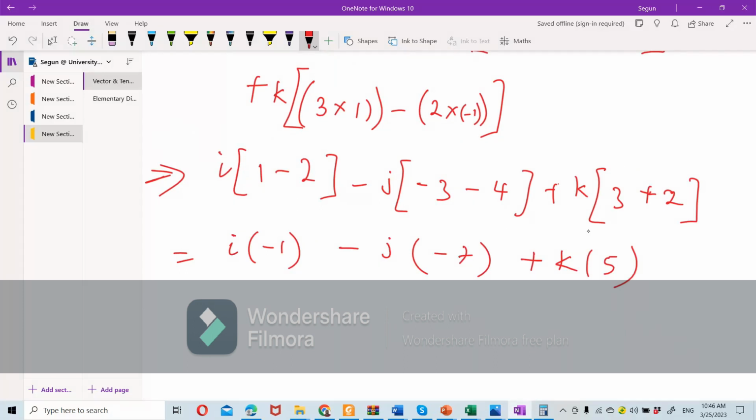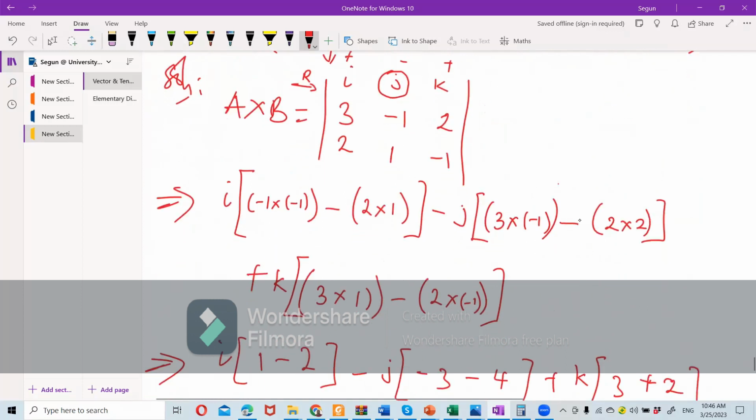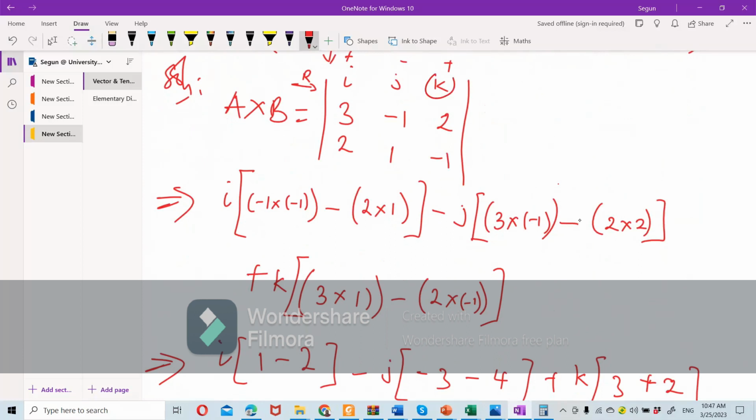For the K, is it not 3 times 1 minus 4? Yes, sir, let's go there. This is K. When you pick K, remember you release J. I pick K. This one will paralyze.